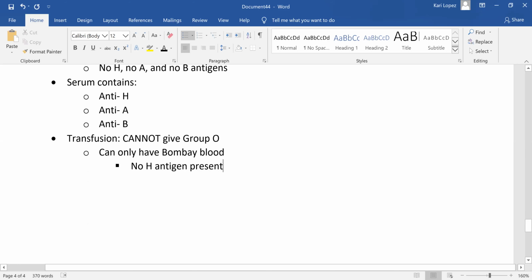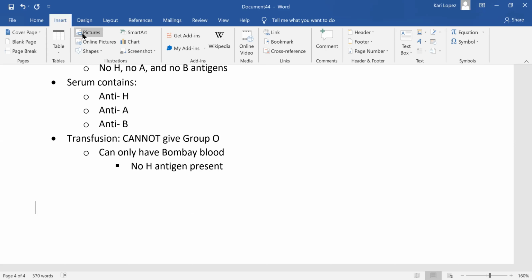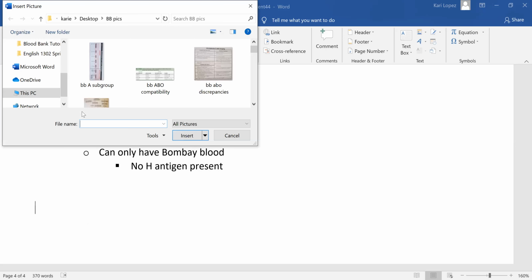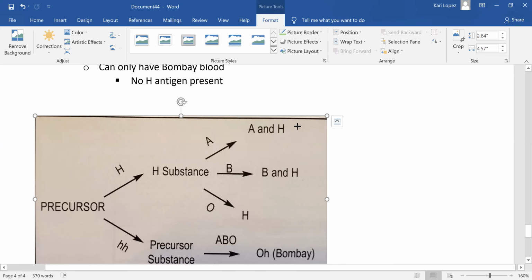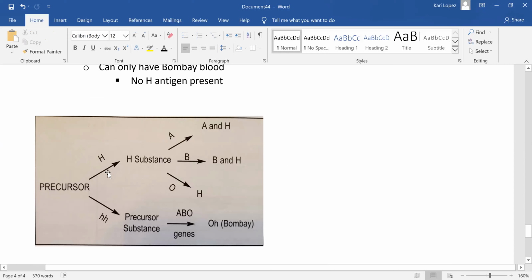Remember when we looked at that little H chart? You've got your precursor H, and this is your Bombay.